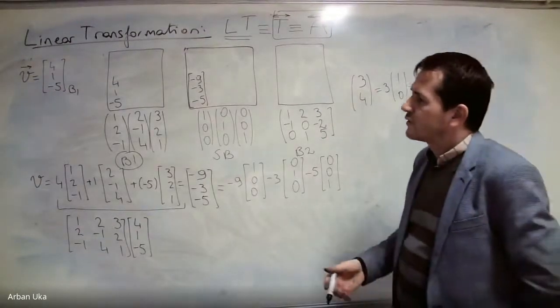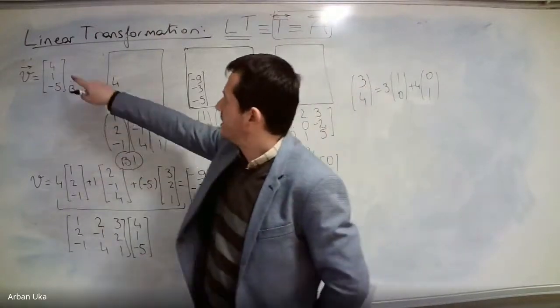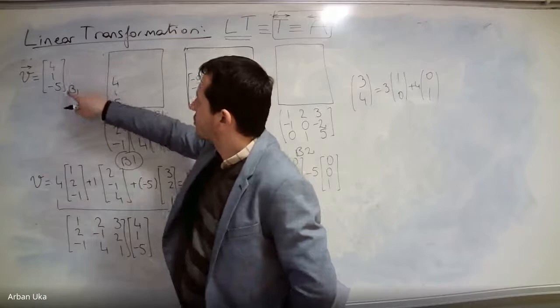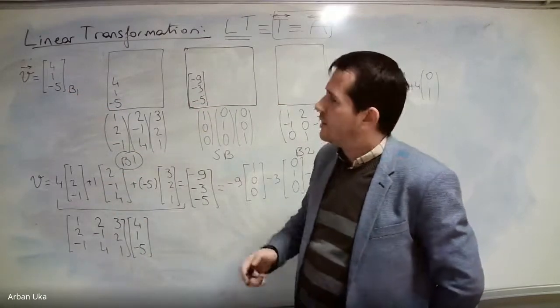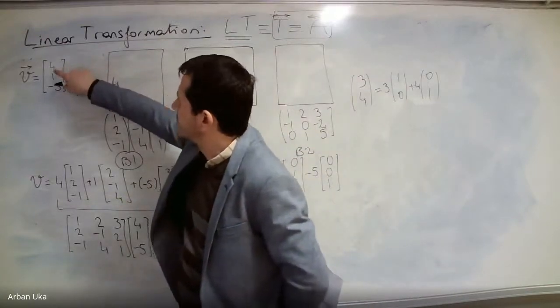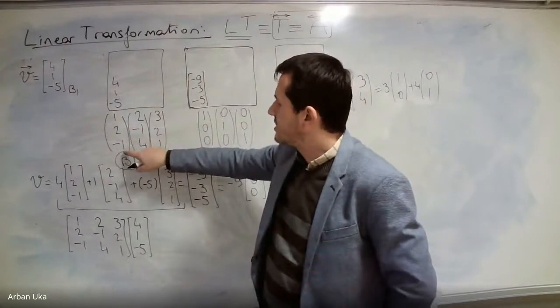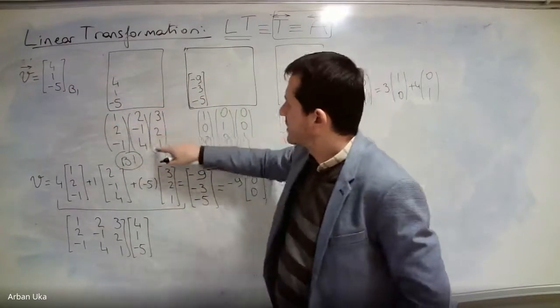And let's not forget how we define the coordinates. If these are the coordinates, then this point in space, where do we find it? We find it by multiplying the first coordinate 4 times this vector, plus 1 times the second vector, minus 5 times this vector.